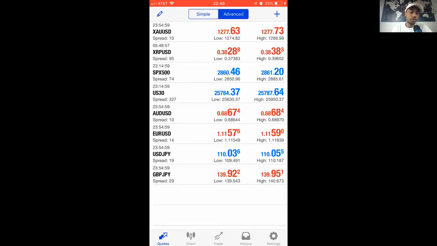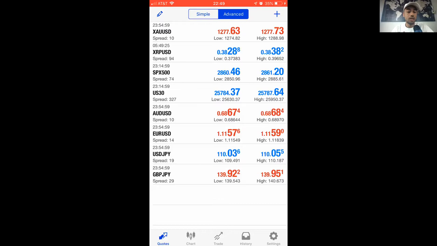See where it says 1.11576 on the left side, and then 1.11590. Those are two different prices, because there's an ask price and a bid price. The difference in those prices is called the spread. As you can see where it says spread 14, the spread is 1.4 pips, but we're going to talk about that.